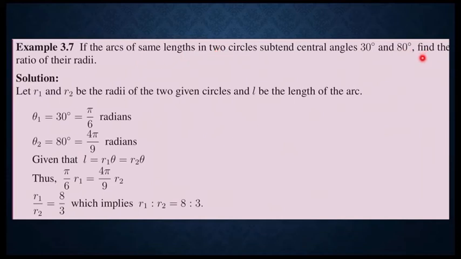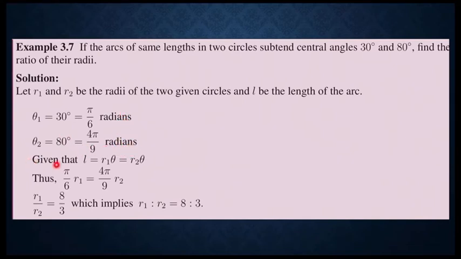Now we have to find the ratio of their radii. So r1 and r2 be the radii of the given circles, l be the length of arc, equal. So theta 1 is equal to first angle 30 degree. So 30 degree is converted into radians, that is pi by 6. Similarly theta 2 is equal to 80 and we have to convert that also into radians.